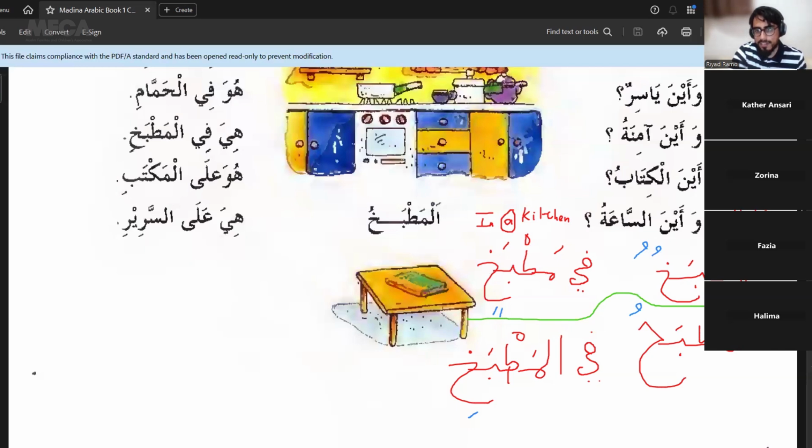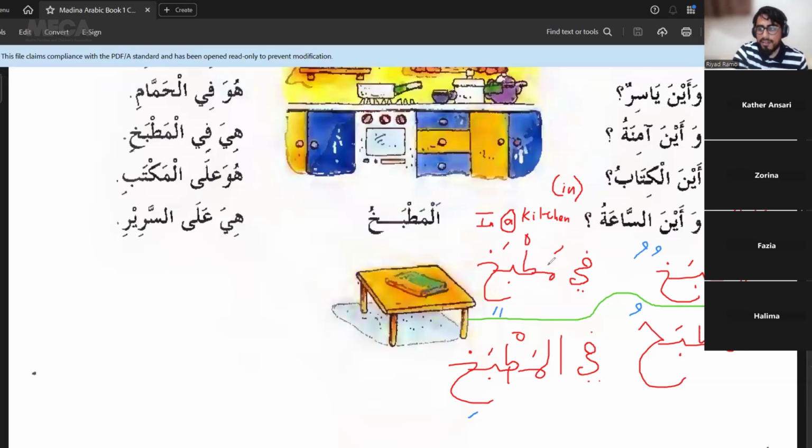Now I put fi at the beginning of the sentence: in a kitchen. So it becomes fi matbakhin. It has an "in" sound.